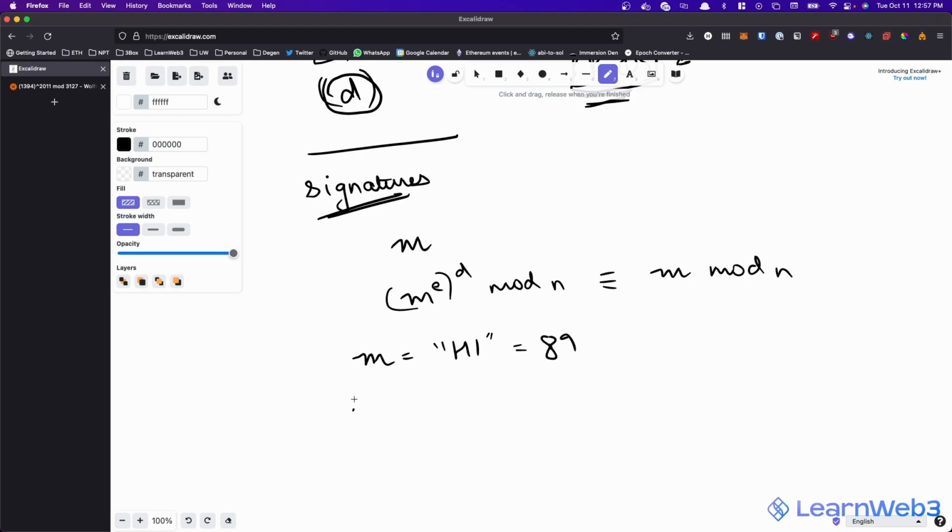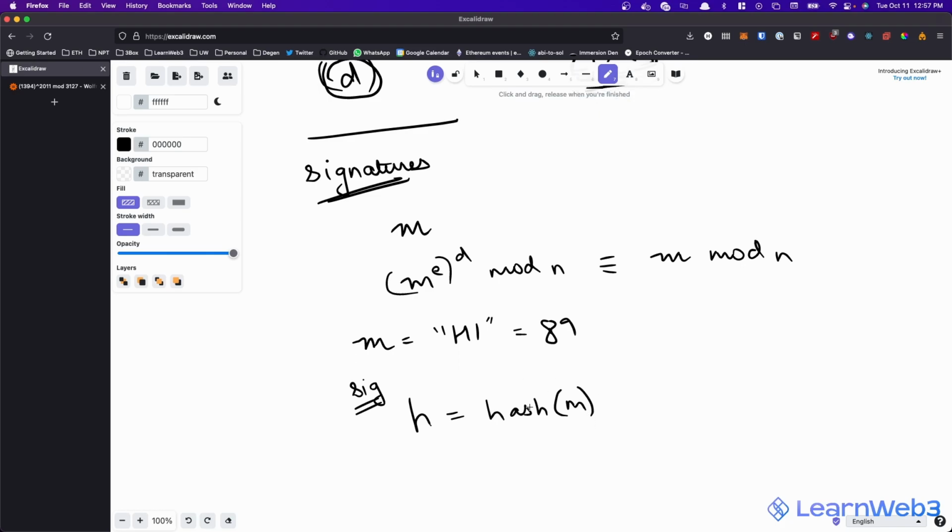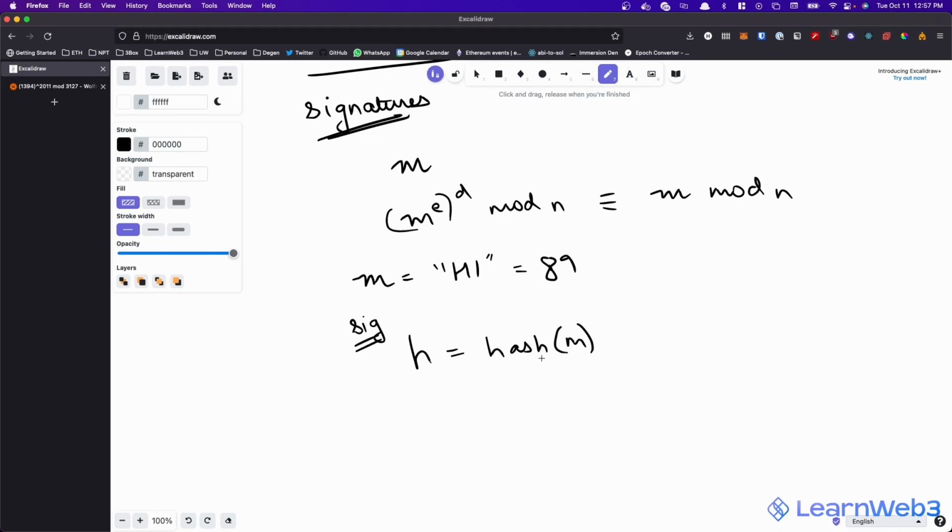How we do a signature, first of all, is we calculate a hash of M, because the messages can be arbitrarily long and we'd prefer to do it over a hash. So we calculate H equals hash of M using any hashing algorithm, like SHA-256 or whatever.